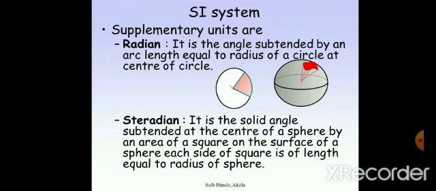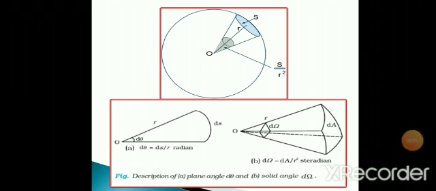Then the angle subtended can be called the solid angle. The first figure gives us an idea about solid angle, and the second figure gives a description of plane angle and solid angle.